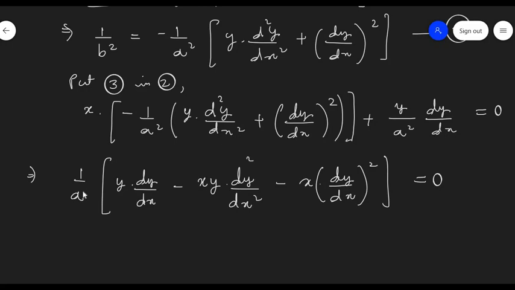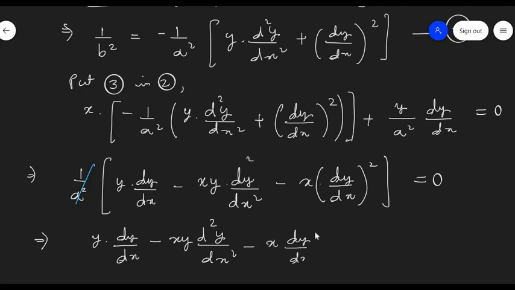Since 1 by a square is in multiplication, this will cancel out and we will be left with y into dy by dx minus xy d square y upon dx square minus x into dy by dx whole square equal to 0.